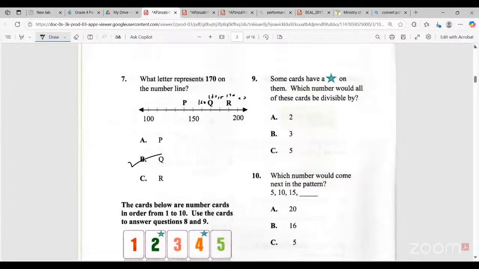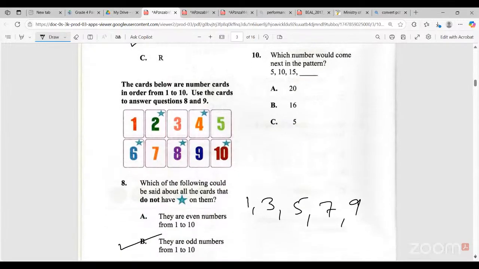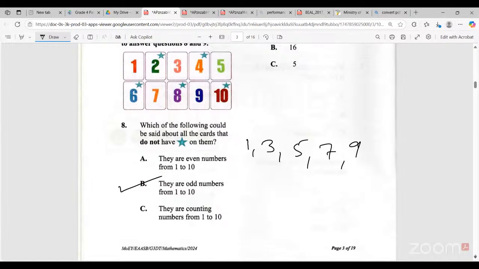Some cards have a star on them. Which number would all of these cards be divisible by? No. Look at it again, guys. It says all of them with the star on it are divisible by a number.